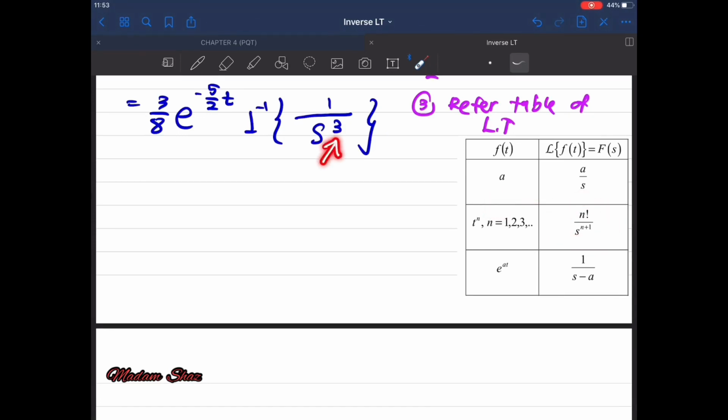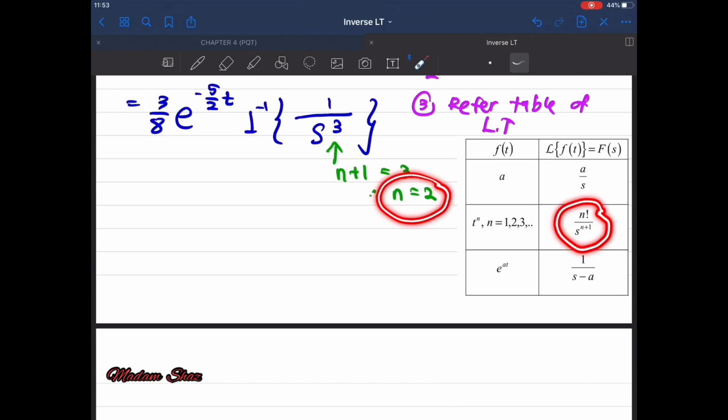From here, we have s to the power of 3. n plus 1 is equal to 3, so therefore n is equal to 2. Once we obtain the value of n, you have to write in terms of n factorial over s to the power of n plus 1. So Laplace inverse 1 over s to the power of 3, you have to write in terms of n factorial over s to the power of n plus 1.